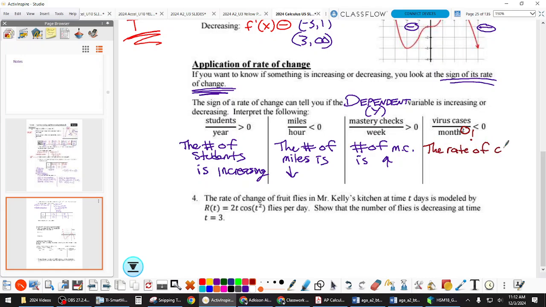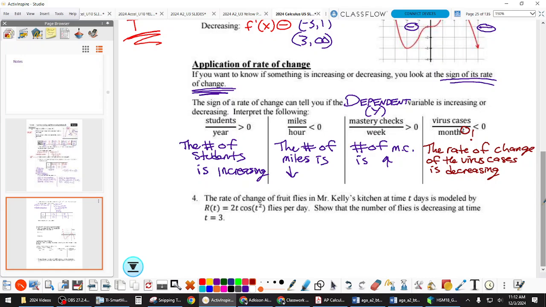The rate of change is increasing. No? You said increasing, right? Yeah. Oh yeah, it's decreasing. So kind of a weird way to see it, but yes.